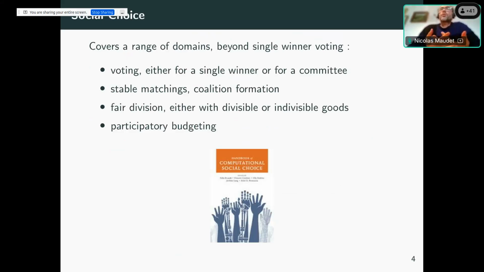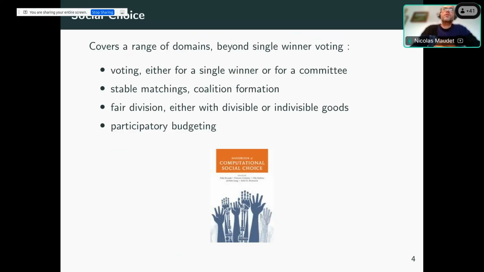But social choice can also be concerned with different types of outcomes. For instance, the way you make matchings, so stable matchings, which is quite well known as well, coalition formation, and fair division, which is also a very active topic in that field, either with divisible or indivisible goods.